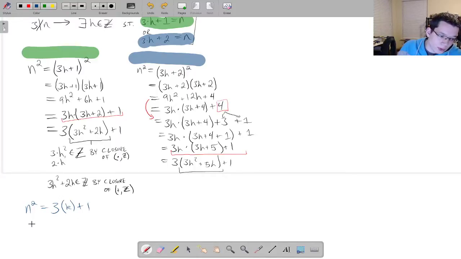So 3 does not divide n squared, in this case.